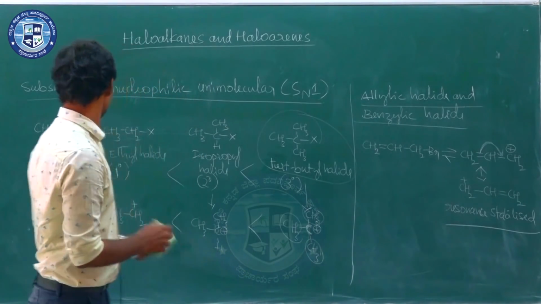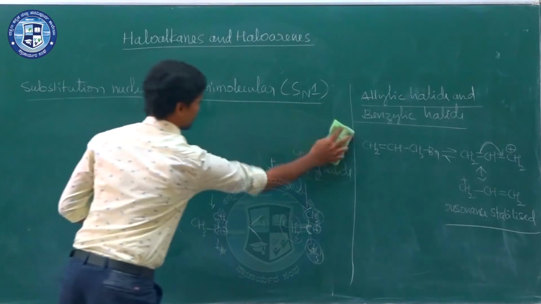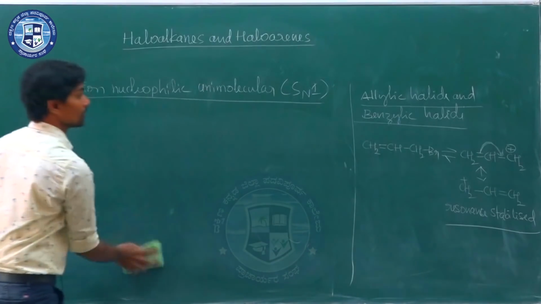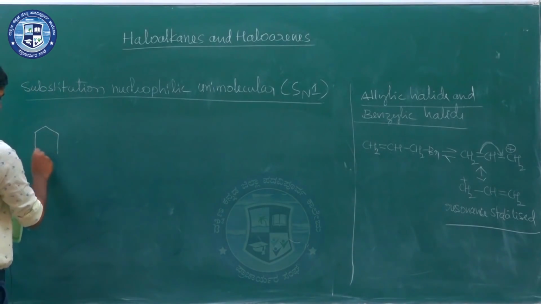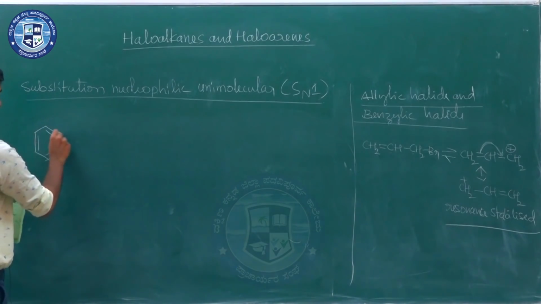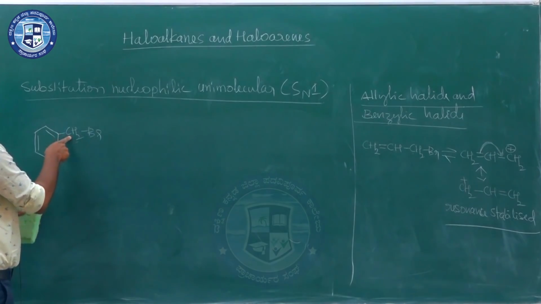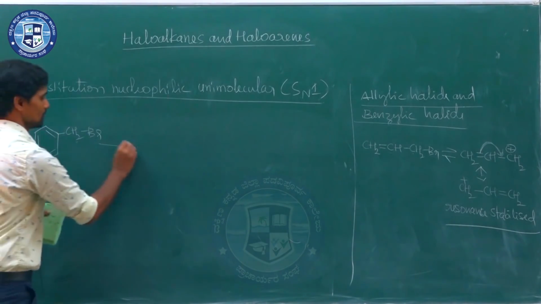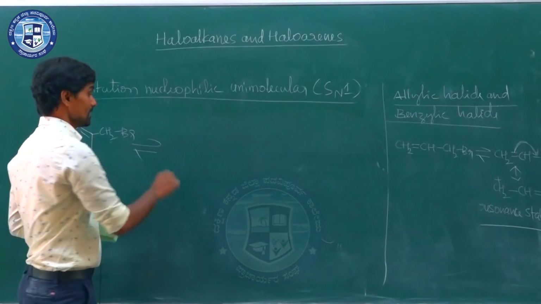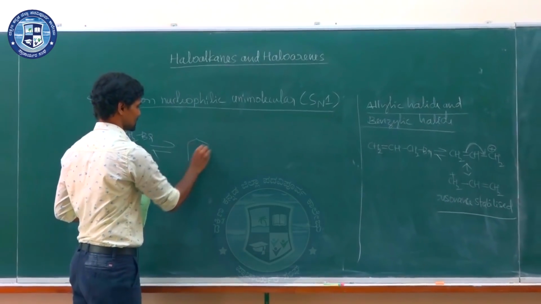Now, we will take the example of benzylic halide. Benzylic halide is like this. Here the halogen is attached to an sp3 hybridized carbon atom, which is attached to a benzene ring. Now, if it undergoes SN1 mechanism, in the first step it gives a carbocation, it will be like this.